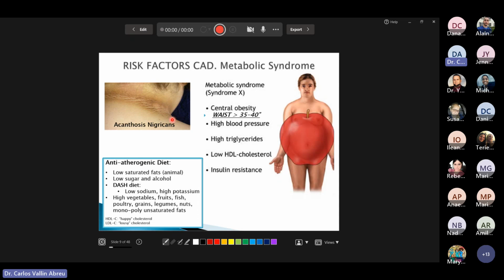And those coronary arteries are susceptible to a phenomenon that tends to occur as we grow older.